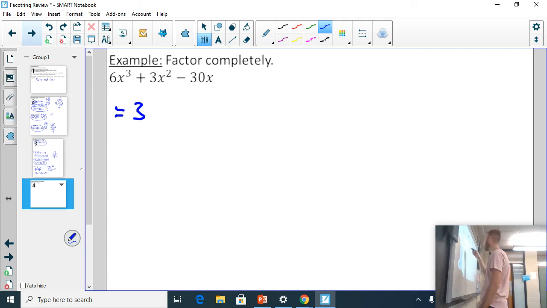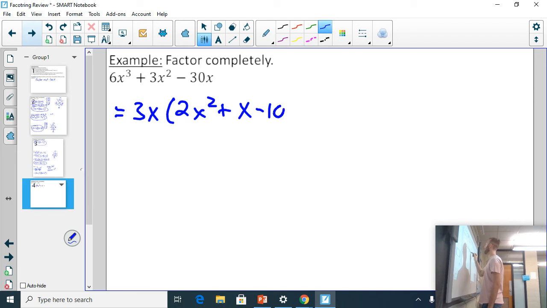They each have an x, don't they? So after that, we would be left with a 2x squared plus just an x, and then a minus 10, right?